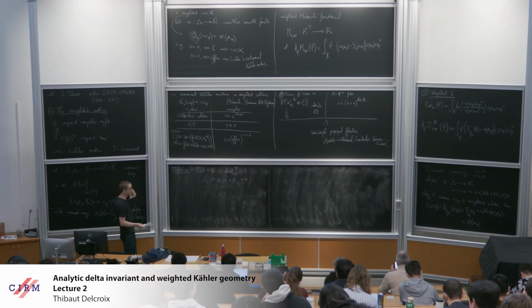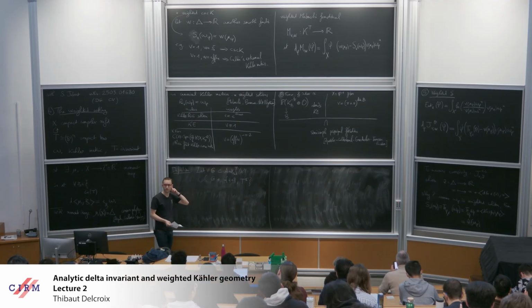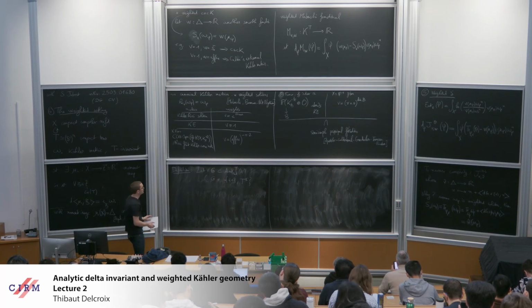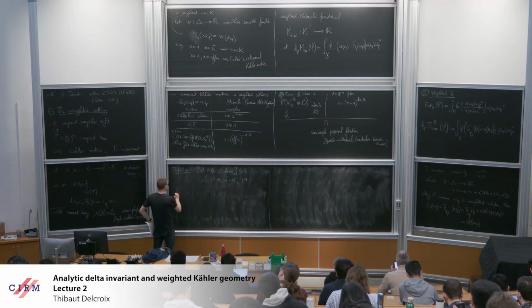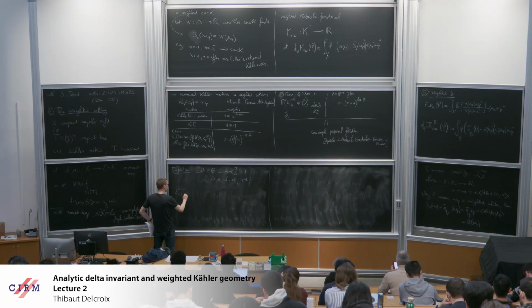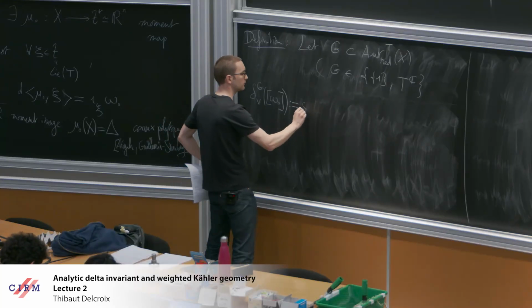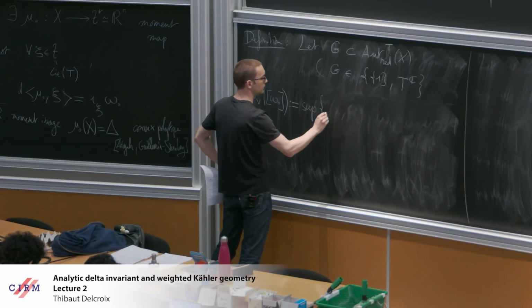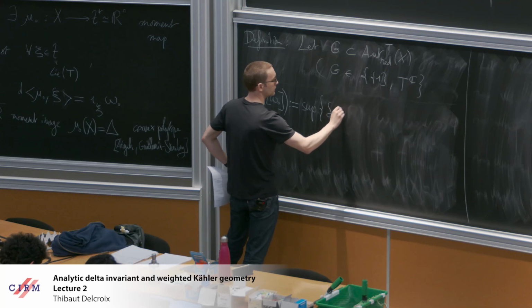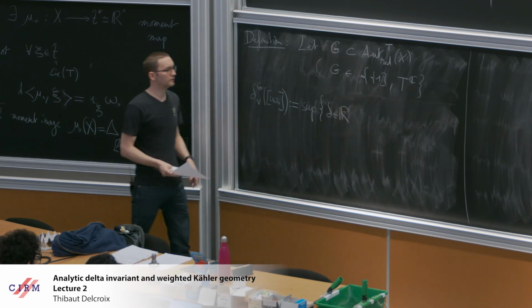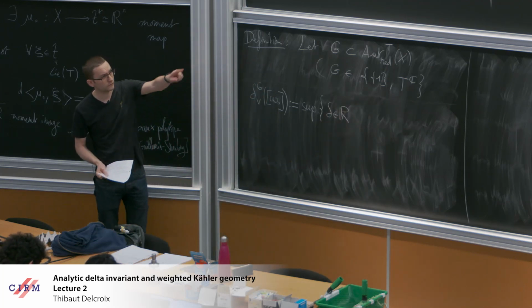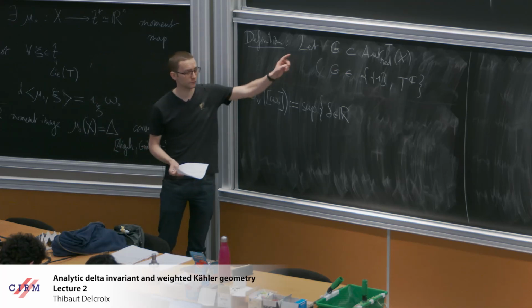I get an action of C star to the R on X. Okay, and now I define my reduced weighted delta invariant as follows. This is the best coercivity constant for the weighted entropy, but now I have to be careful about this group.